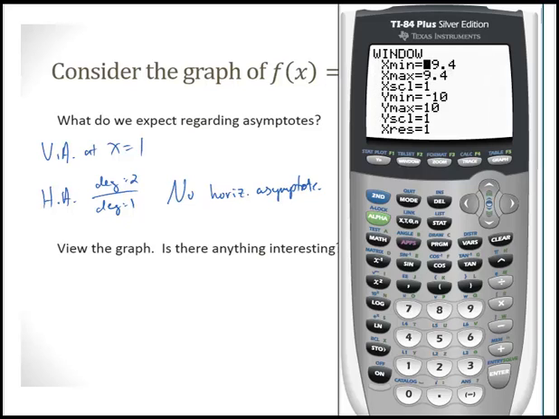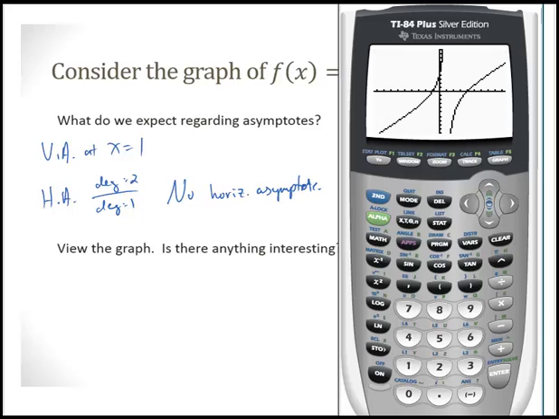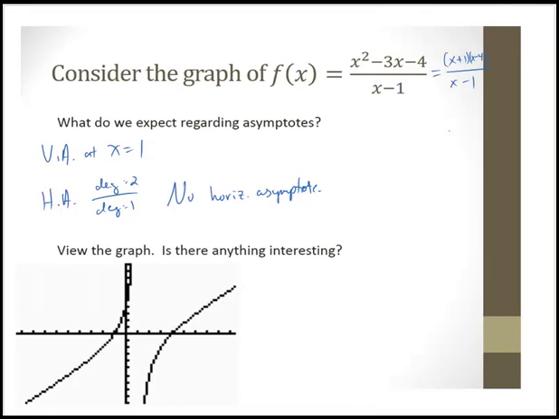Now I'm using the window -9.4 to 9.4 on the x's, -10 to 10 on the y's. So we do see a vertical asymptote, and it appears to be at x equals 1. I brought the graph down. So it does appear that we have the vertical asymptote at x equals 1. That seems reasonable. Nothing new there. And there's no horizontal asymptote, as we expected.